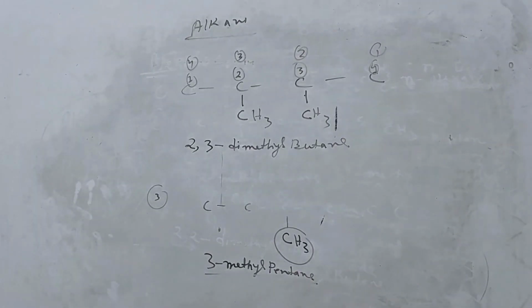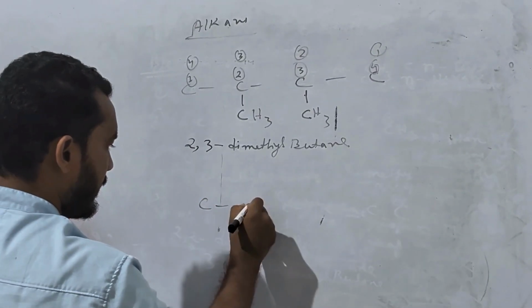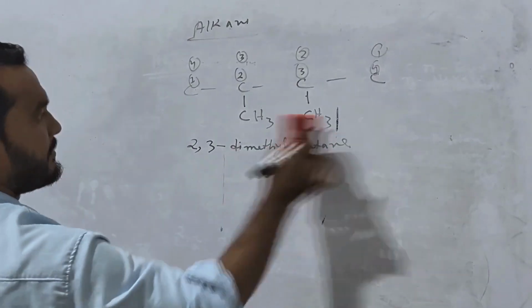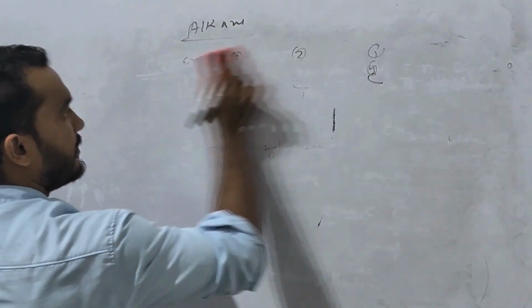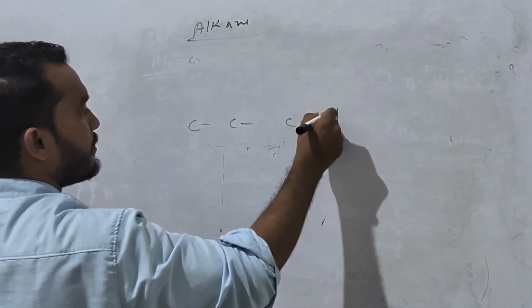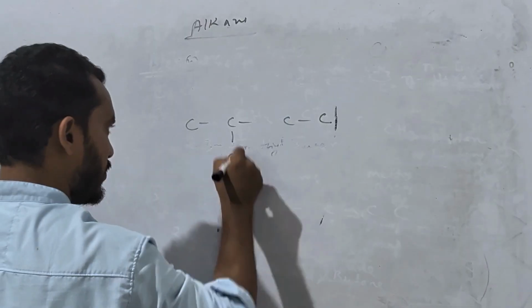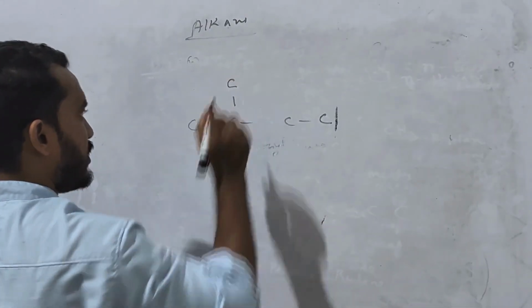Okay, so next, can we draw more? Let me check. Yes, we can draw. See, let me rub this one. If I arrange the carbon in this way, suppose 4 carbons are there, so one here I will put, 1 carbon I will put here. This is also a branch.